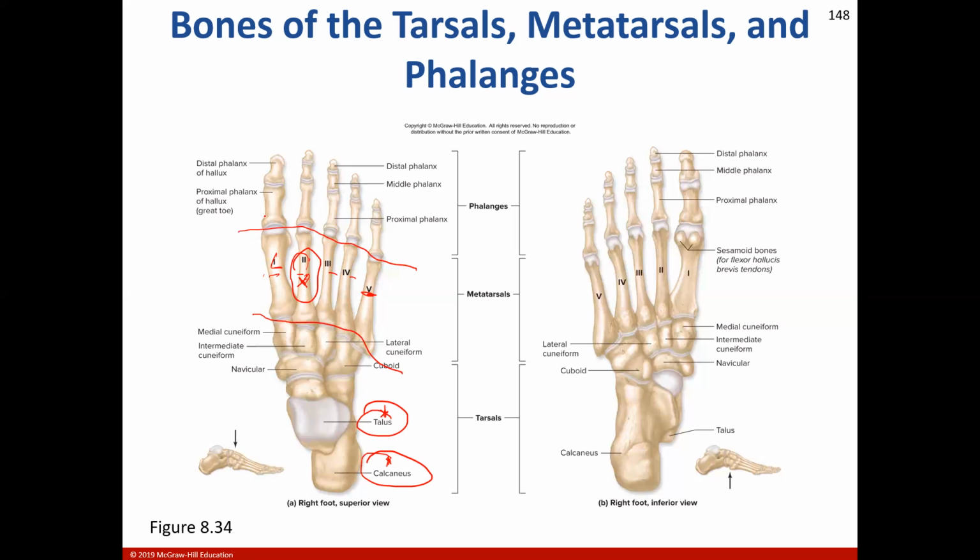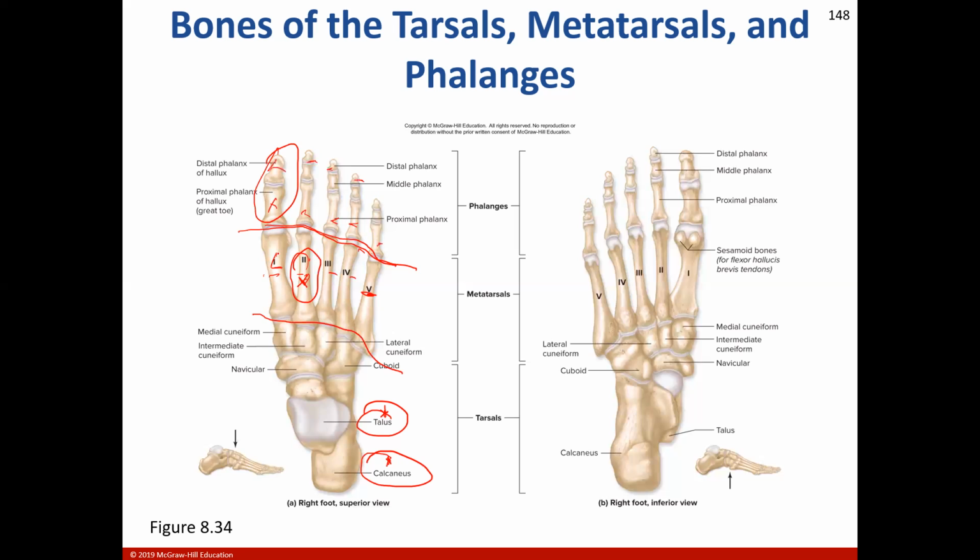Now the toes are similar in number. Now there's 7 tarsals, by the way. There's 8 carpals, but there's 7 tarsals, one less. So the toes, the big toe only has 2 phalanges and the rest have 3. So they all have proximal phalange and they all have distal phalange.